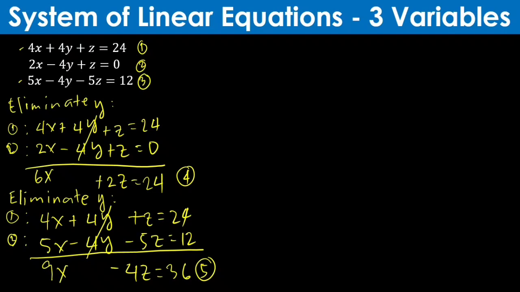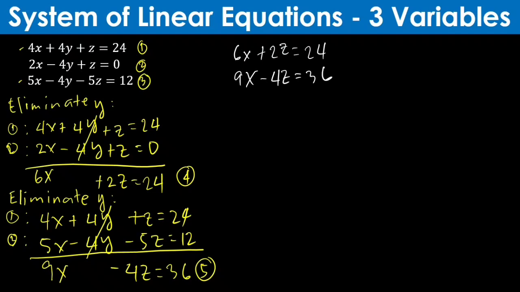Okay, I will write my equation 4 and 5 here again. Put them together. You have 6x plus 2z equals 24. And then equation number 5, that's 9x minus 4z equals 36.